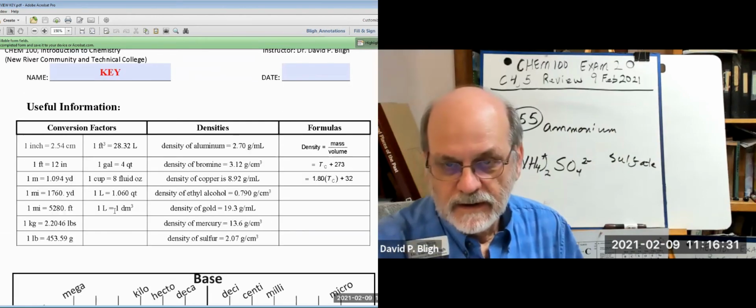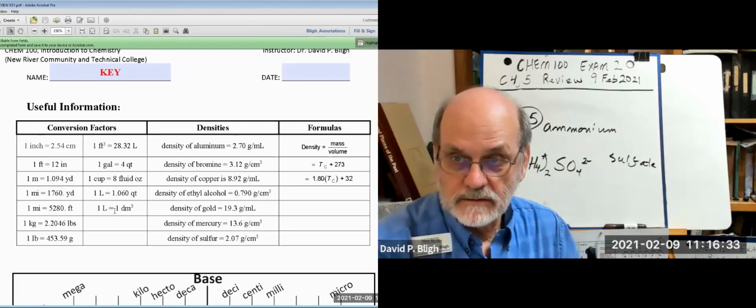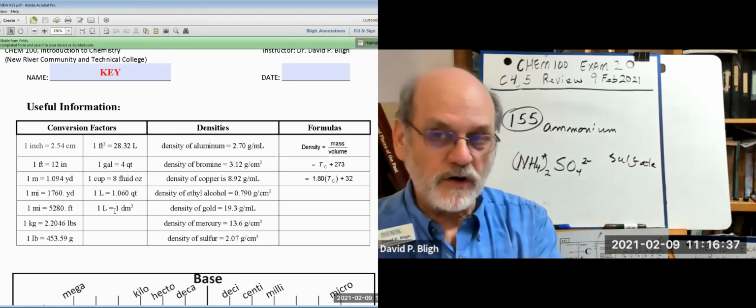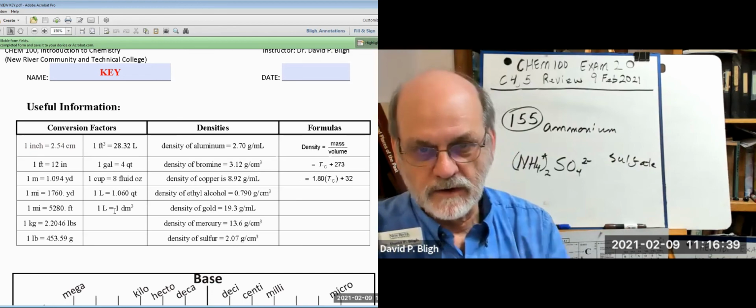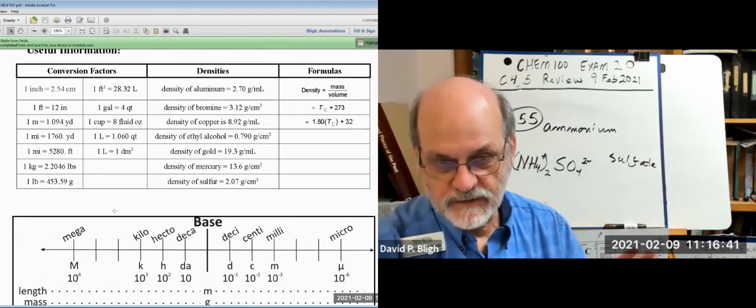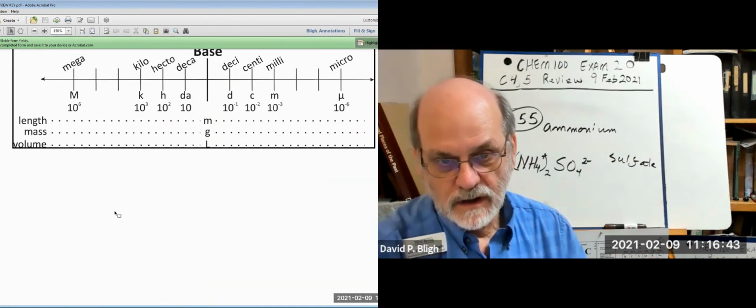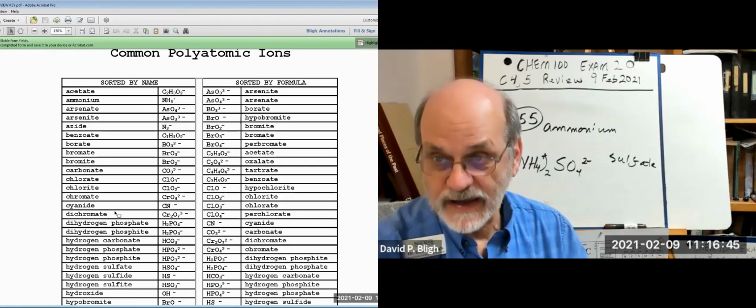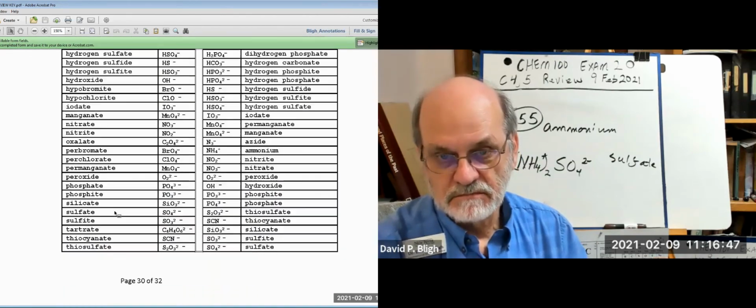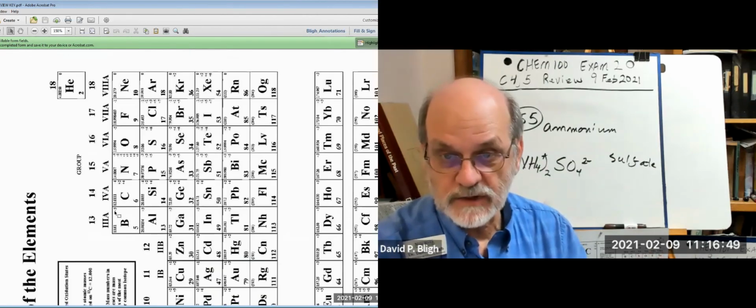The useful information in the same folder as the exam is what you want to go in and print out first and keep with you. It should have the polyatomic ions. In fact, right after class, I'll go check to be sure.